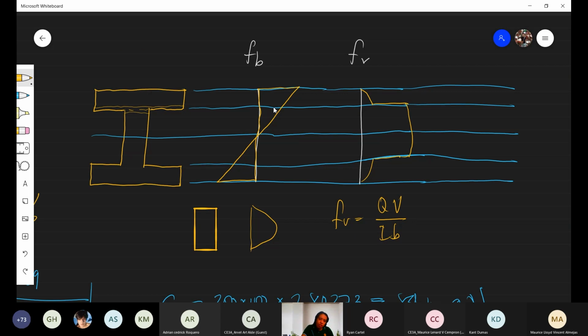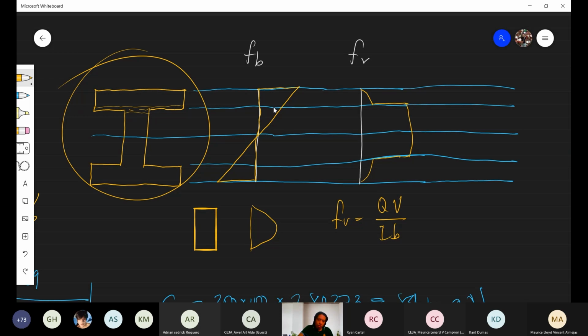So this I shape is preferred because it uses less material, but at the same time it is maximized, I forgot the right term. It uses less material but can resist a greater amount of bending and a greater amount of horizontal shearing stress.